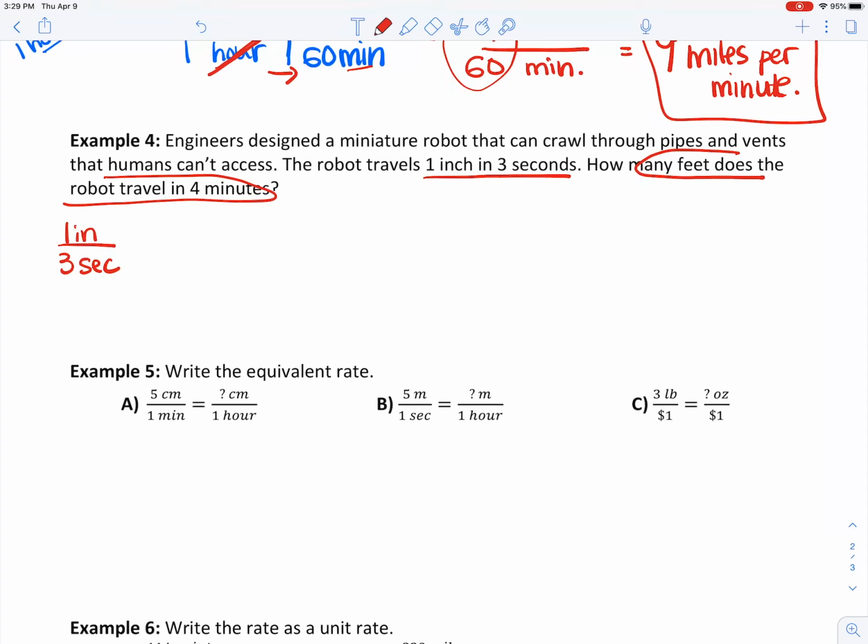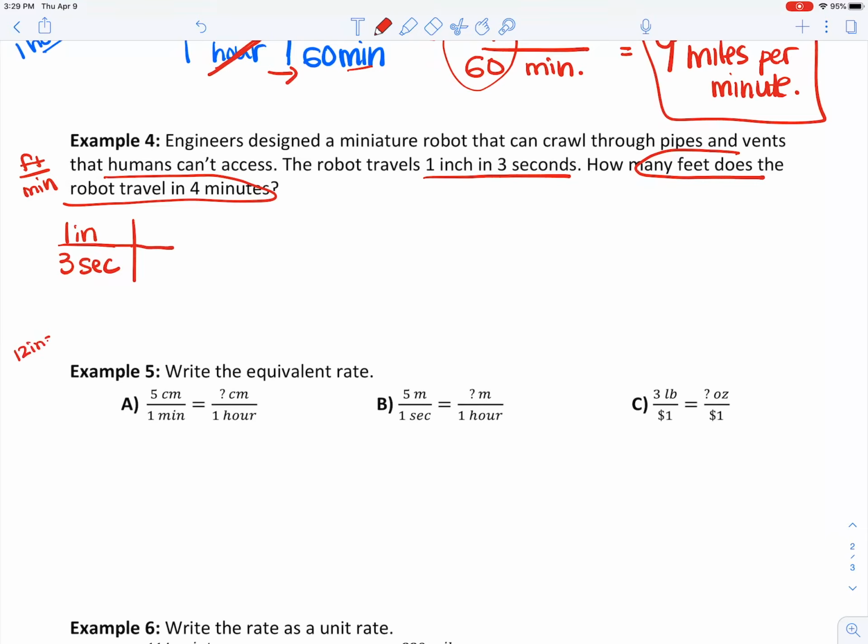Now, we know that our final answer is going to be feet. How many feet does it travel in 4 minutes? So I want my final answer to be feet on top and minutes on the bottom. Let's see if we can manipulate this problem so that we get feet on top and minutes on the bottom. Okay, so inches.